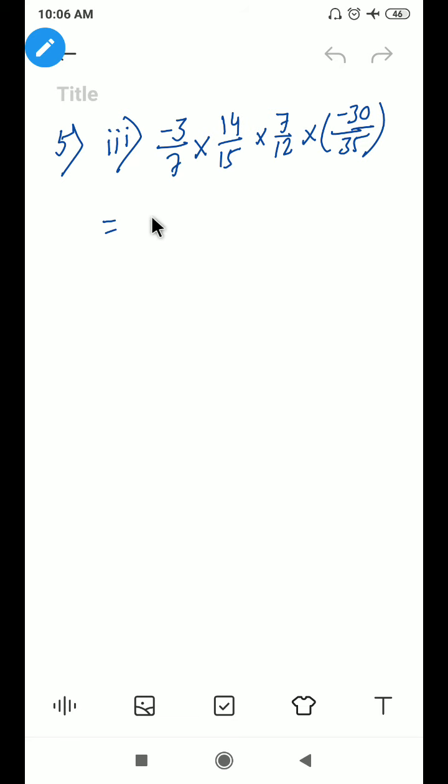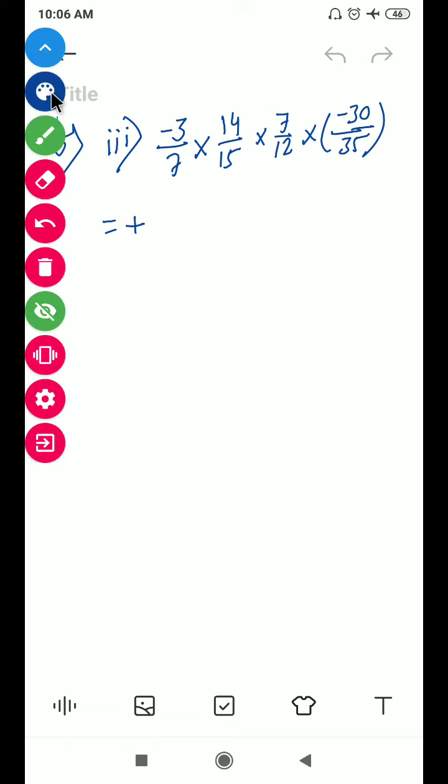Now, whenever you multiply something, firstly multiply their signs. So plus minus will be minus, minus plus will be minus, and minus minus will be plus. So our sign will be plus here. Clear?